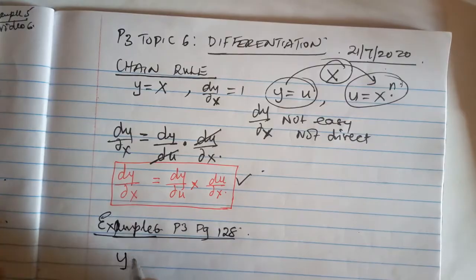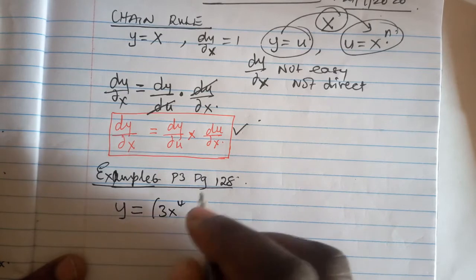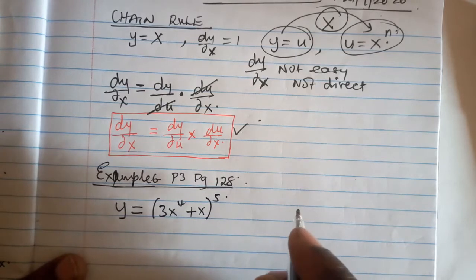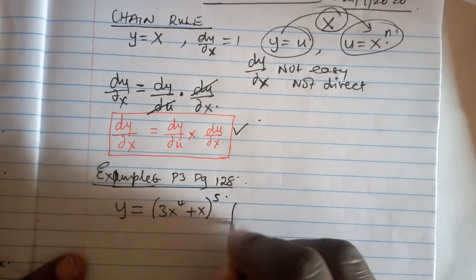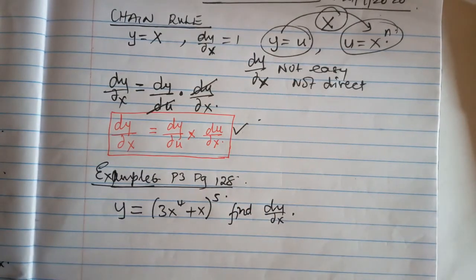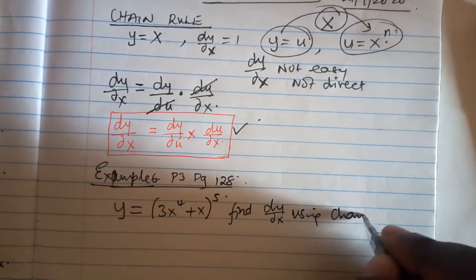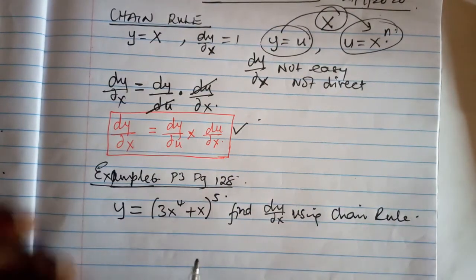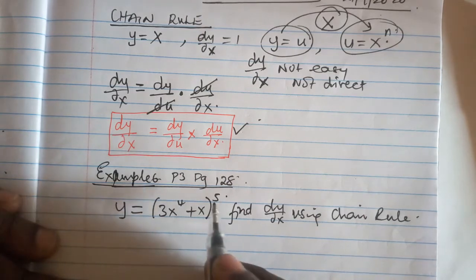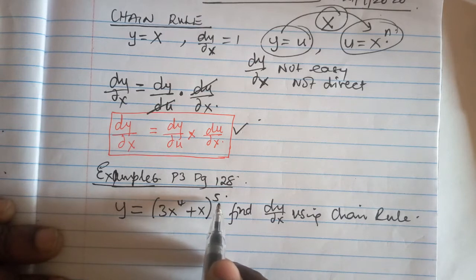Given that y is equal to (3x^4 + x) all raised to power 5, find dy dx, using the chain rule. But I want you to look at it. It is very difficult and it will consume your time. If you would want to expand this bracket 5 times, you will waste your time.